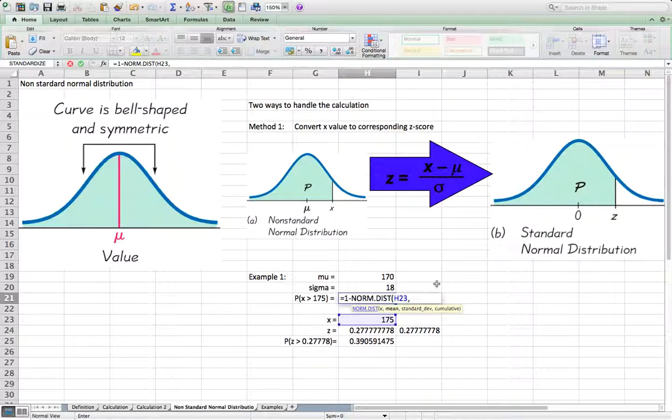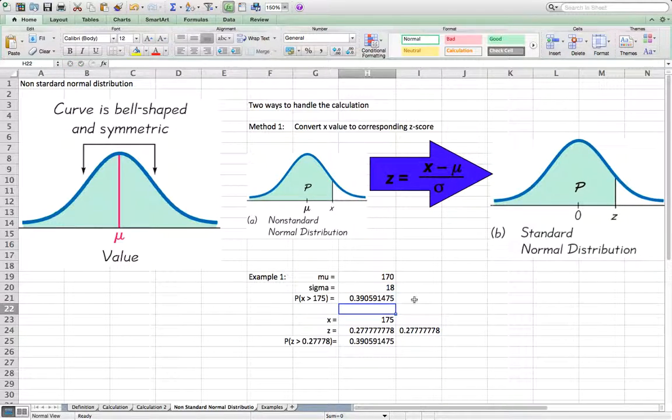Then the mean, mu, in H19. Then the standard deviation, in H20. Then you tell it it's cumulative, 1 or TRUE. Now you get exactly the same answer.